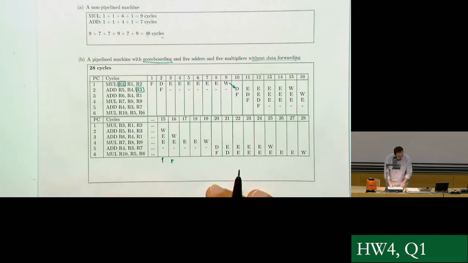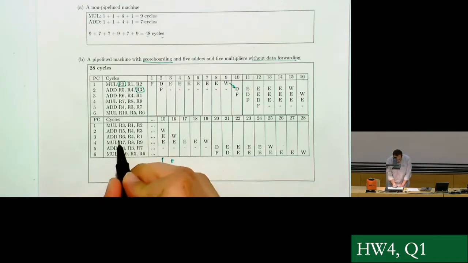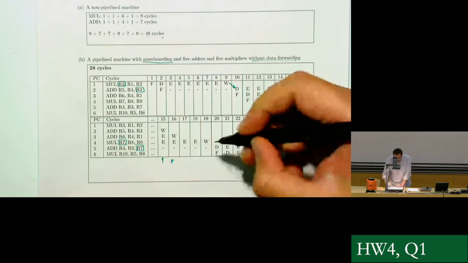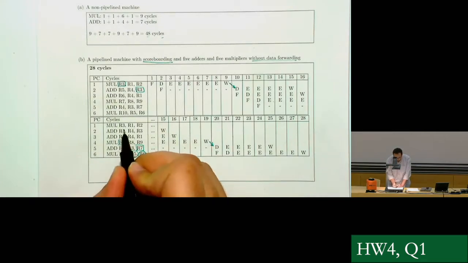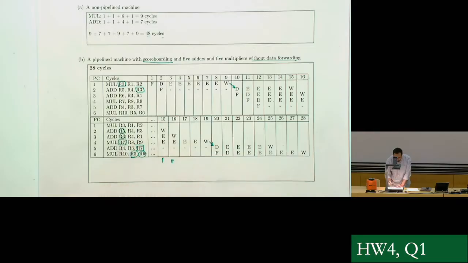Another dependency we see is between these instructions: this one's R7 result, and this one uses R7, right? So this has to wait for this, and it is the same thing. We write back and then decode here. When we look at the multiply in the last instruction, it uses R5 and R6, and these are calculated by these instructions, right?